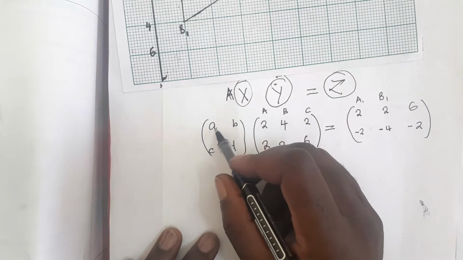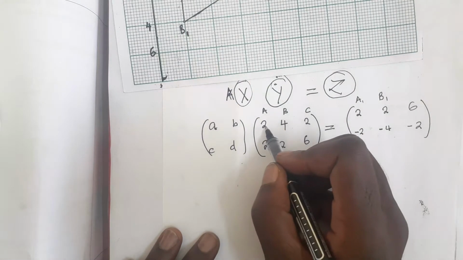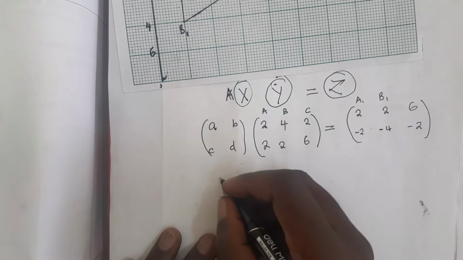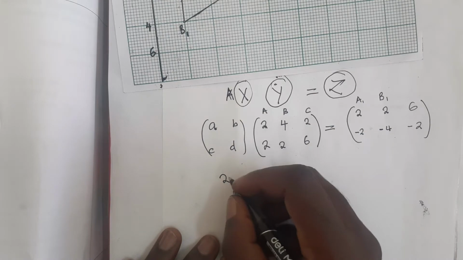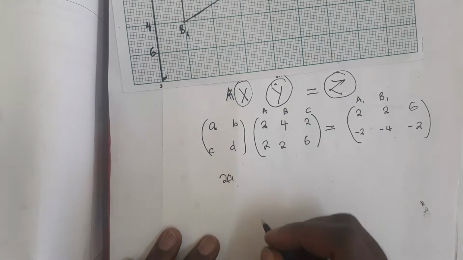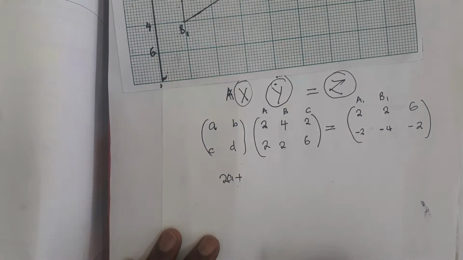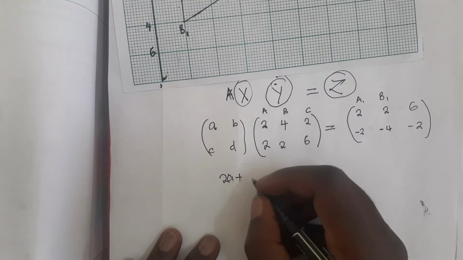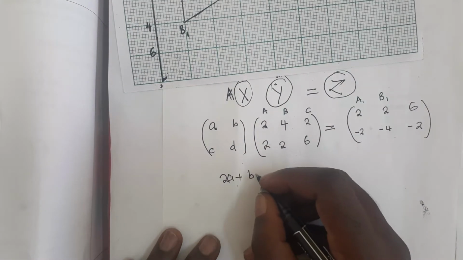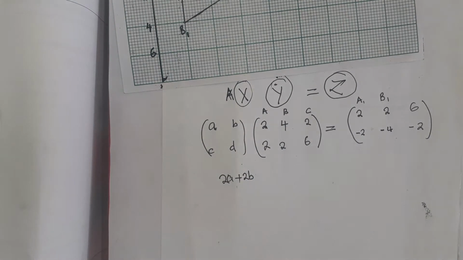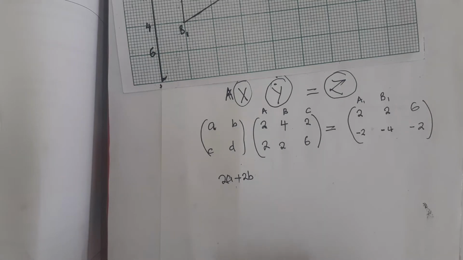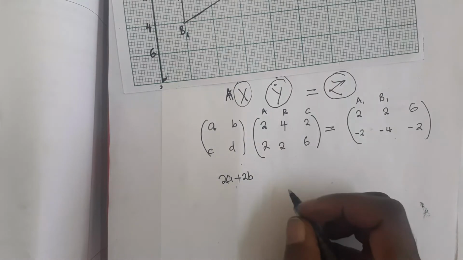It gives us A multiplied by 2, which is 2A, plus B multiplied by this one, which gives us 2B. Okay, that is where we are. Are we together?